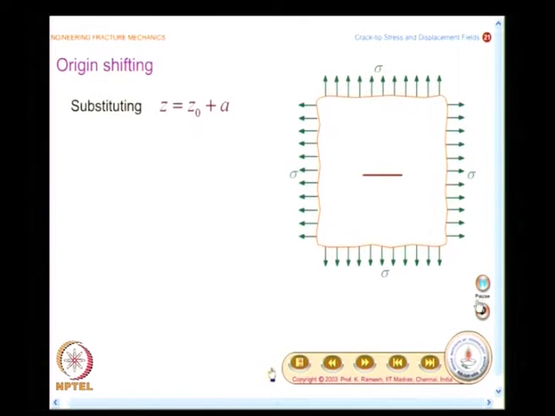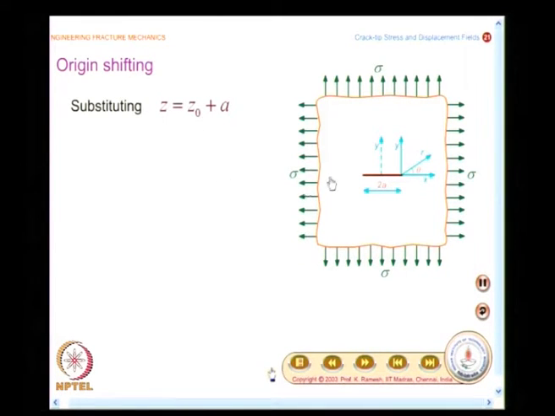It is also like a closed form solution. Then where does the difference come? We will see sooner. Why we say that we are talking about near tip stress field or very near tip stress field? That comes when I do the origin shifting.